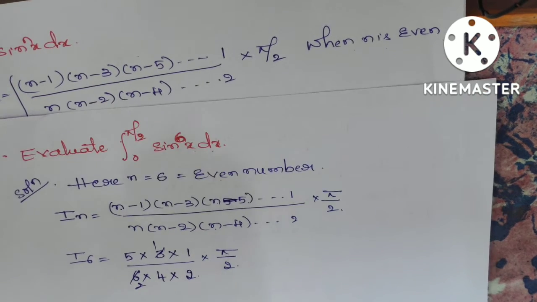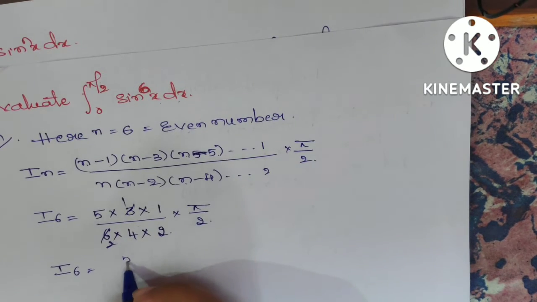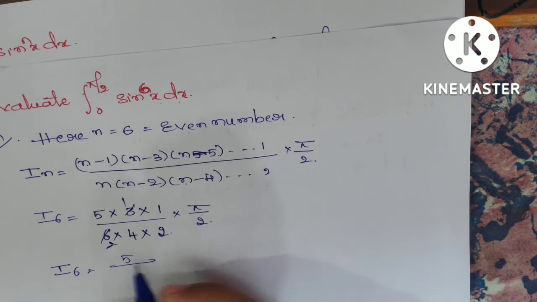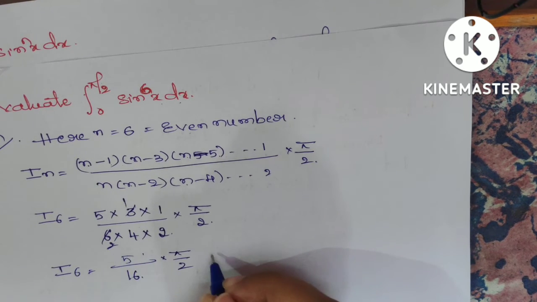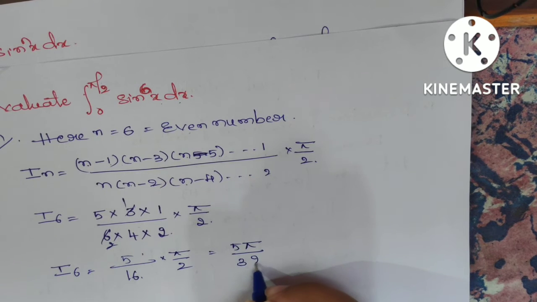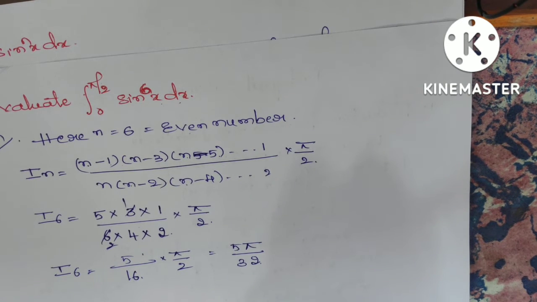So I6 equals 5 by 2 fours are 8, 8 twos are 16 into pi by 2. This equals 5 pi by 16 twos are 32.